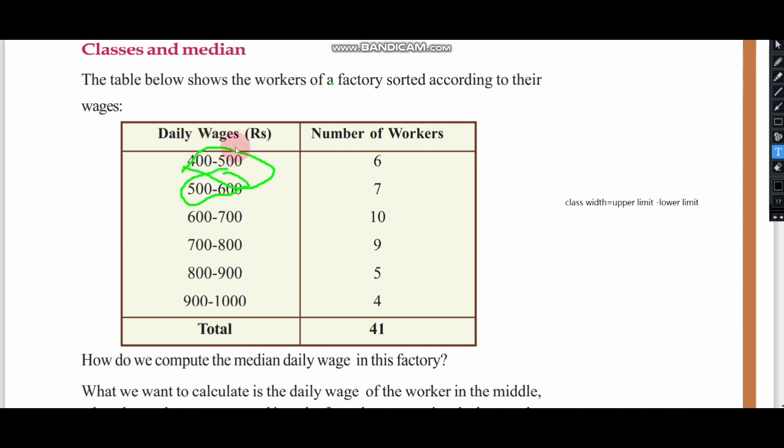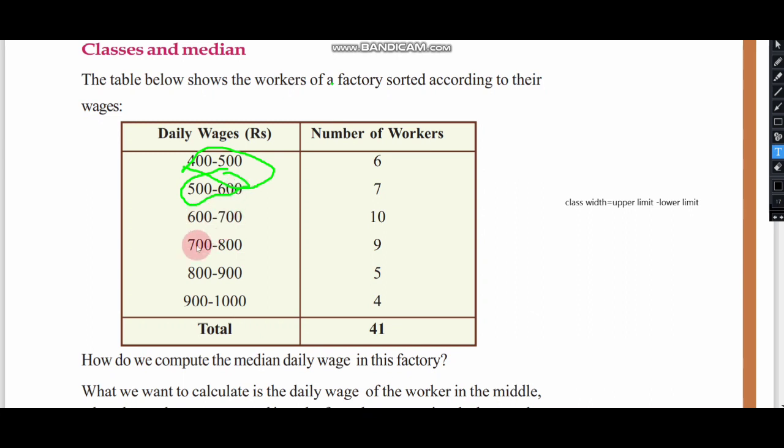From this table we can understand that the wages of the first 6 workers are in between 400 and 500. It is not equal to 400 and 500. It may be 400 or 500, but it is somewhere in between. We don't know the exact values, but it is somewhere in between 400 and 500.